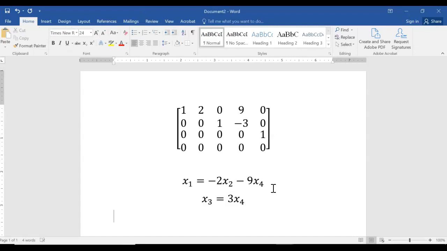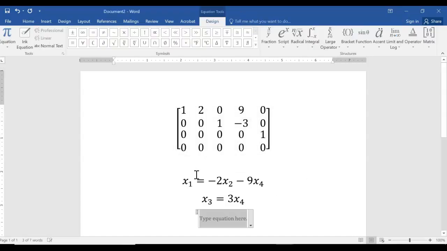First row gives me that, second row gives me that, last row gives me x5. What does it have to be equal to? Well, in this case, it has to be equal to 0, right? Again, don't forget about that column of zeros to the right. That says x5 has to be equal to 0, and then there's nothing, obviously, in the last row.